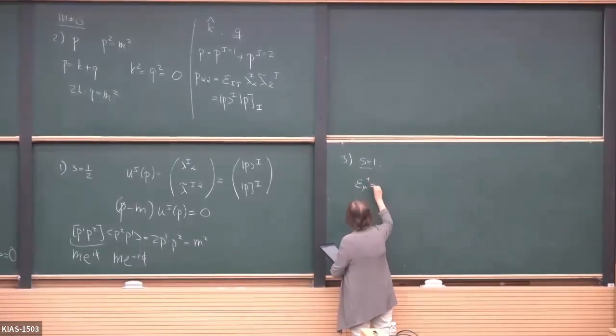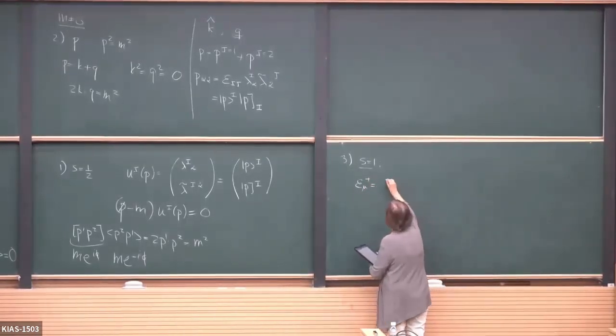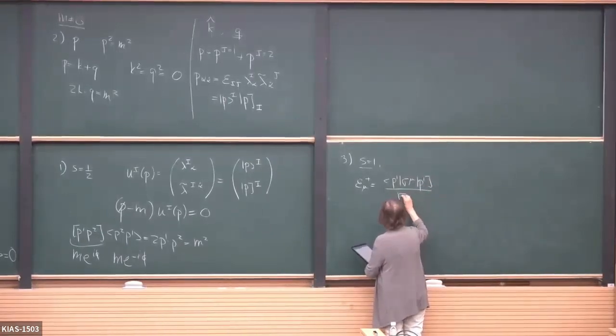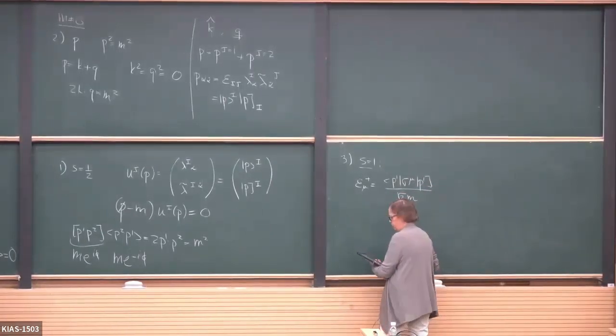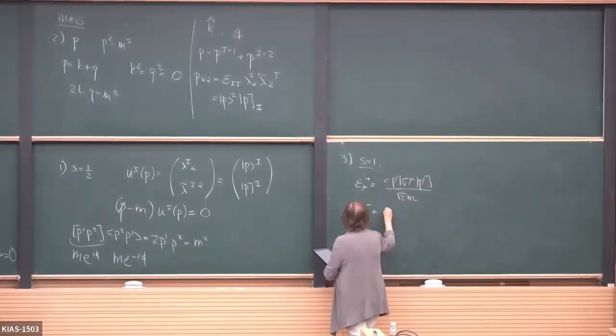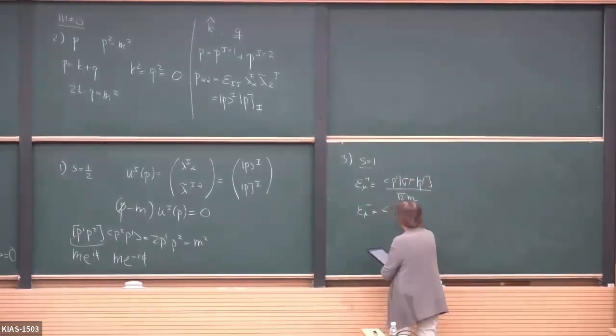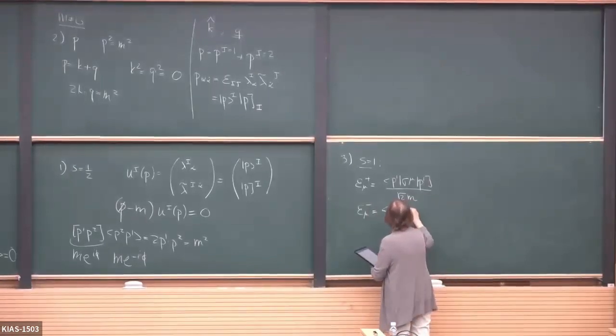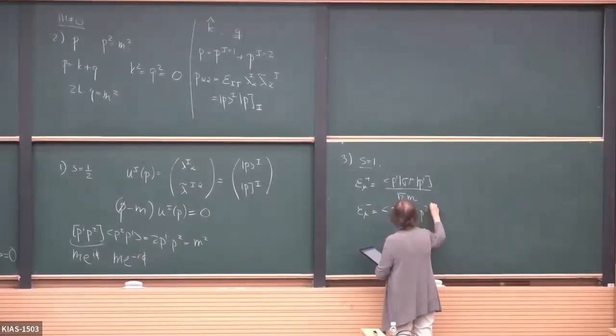So epsilon mu plus we can write as P1 sigma mu P1 divided by square root of 2m. Epsilon mu minus we can write as P2 sigma mu P2 over square root of 2m.